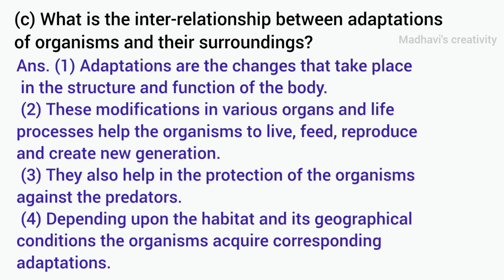C. What is the interrelationship between adaptations of organisms and their surroundings? Answer. First, adaptations are the changes that take place in the structure and function of the body. Second, these modifications in various organs and life processes help the organisms to live, feed, reproduce, and create new generations.